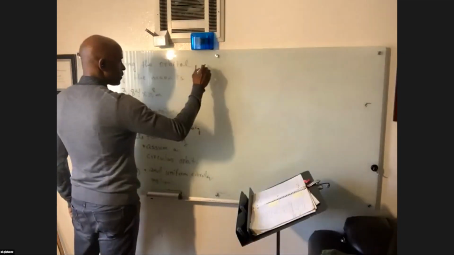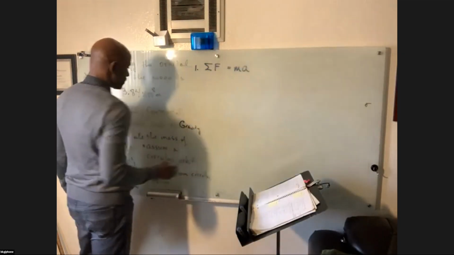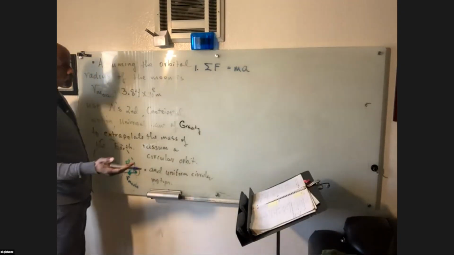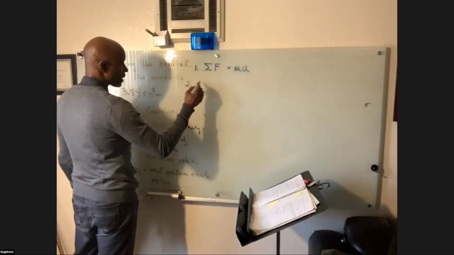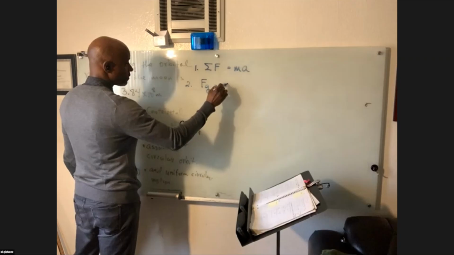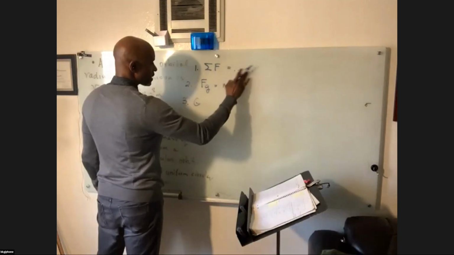So let's follow this. Net force equals mass times acceleration. That's right. What type of acceleration is it? It's uniform motion, but centripetal acceleration. And the only force on it is the force of gravity, Fg, equals M times AC. So then you put in Fg. Let's say the small mass is the mass of the moon.